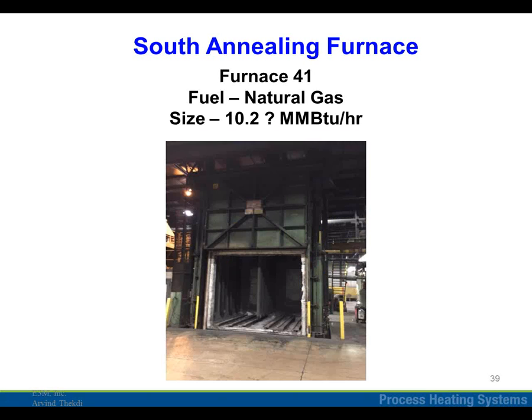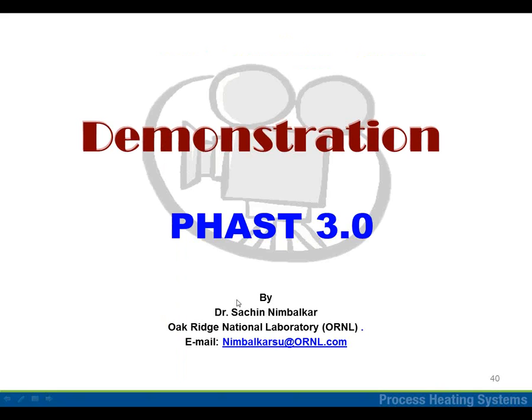Next, Sachin. 41 is another furnace. We'll take a look at that. Looks like it is a fiber insulation with radiant tubes, I can see. So we can take a look at these furnaces. So 1 direct fired furnace, 3 or 4 indirect fired furnaces.